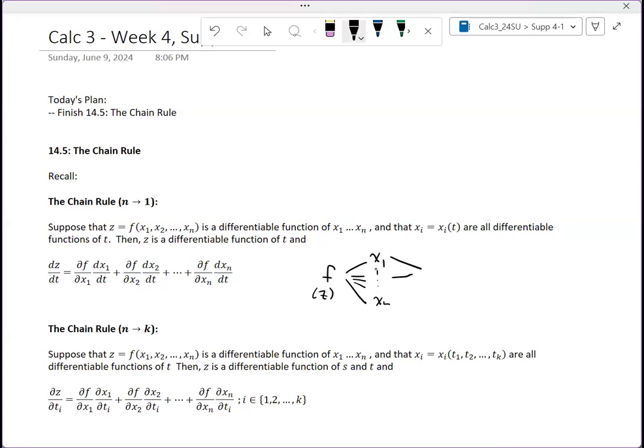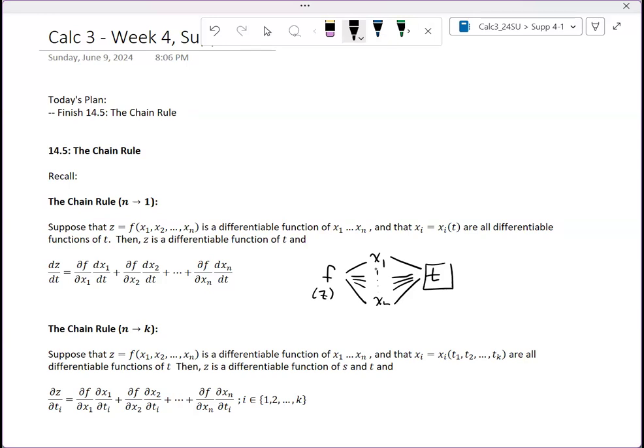And these all depend only on our independent variable t. So only one independent variable, but a bunch of intermediate variables here. Then our chain rule is dz dt.